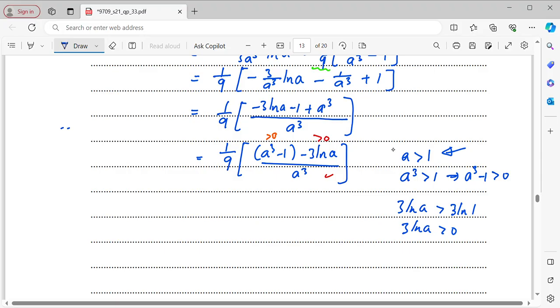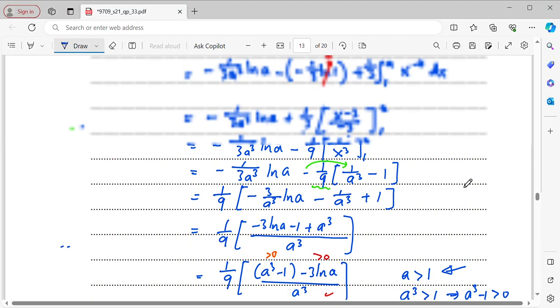Therefore, I will say a cubed minus 1 minus 3 ln a over a cubed will be between 0 and 1. Okay, so when this whole bracket is between 0 and 1, that means when you multiply with 1 over 9, it is definitely less than 1 over 9. Okay, so that's the explanation of this.